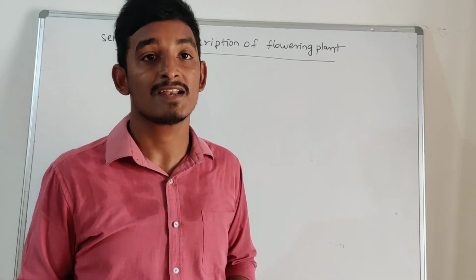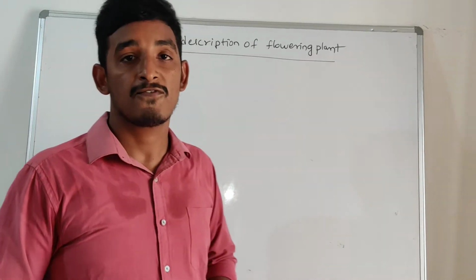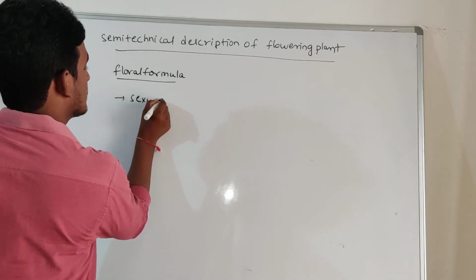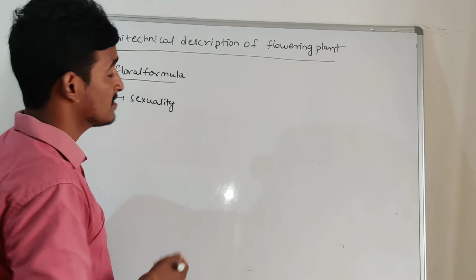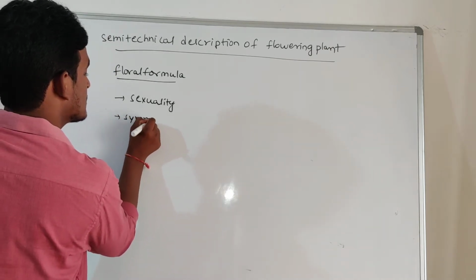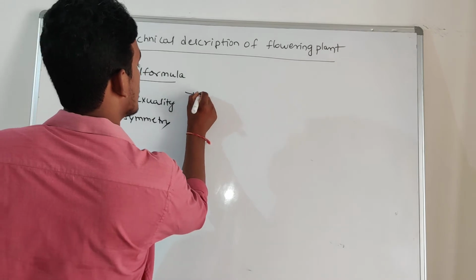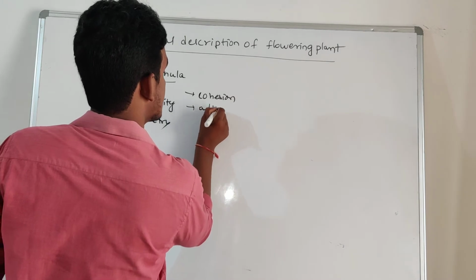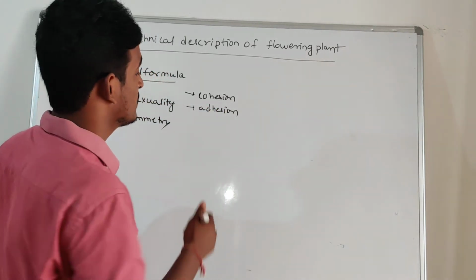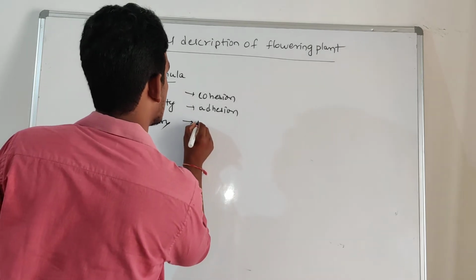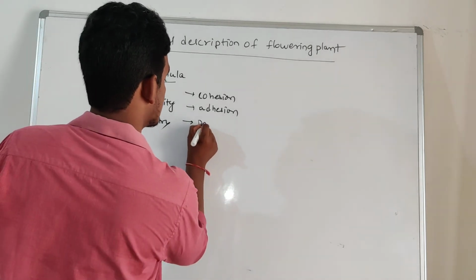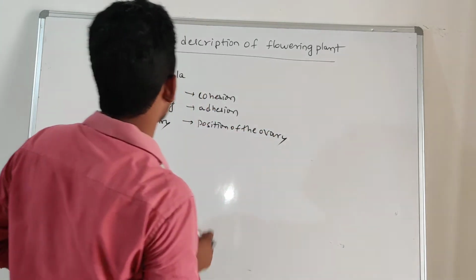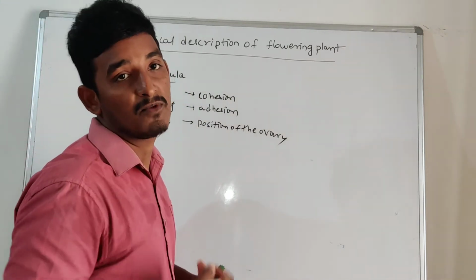Along with this, we can easily know the sexuality, whether it is unisexual or bisexual, and the symmetry, cohesion between various whorls, adhesion between various whorls, and position of the ovary, with the help of the floral formula.